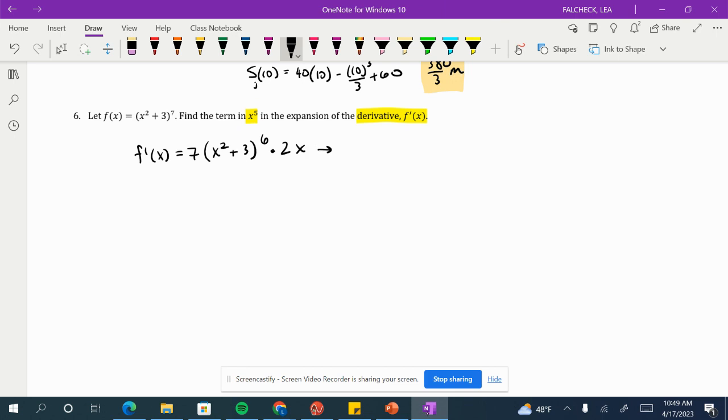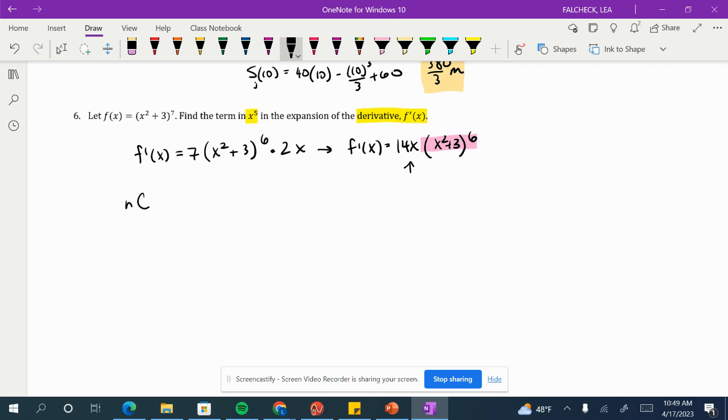Let's clean that up. Now we'll do the expansion of this first, and then multiply at the end. So let's expand (x squared plus 3) to the 6th power.